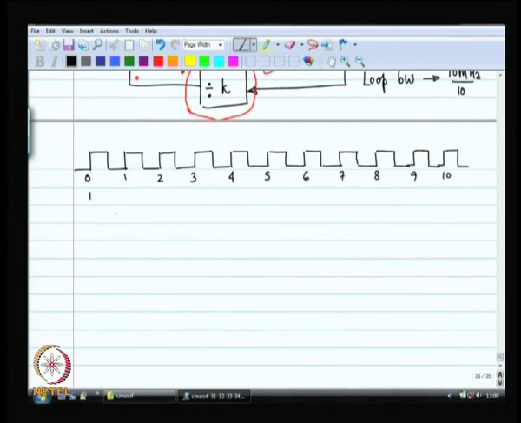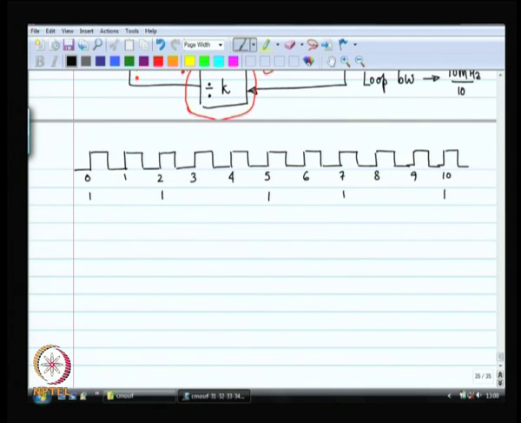It is a funny kind of situation. 2 clock cycles I am going to divide by 2. So, from here to here I am going to divide by 2, and the next 3 clock cycles I am going to divide by 3. Again for 2 clock cycles I am going to divide by 2, and for the next 3 clock cycles I am going to divide by 3.